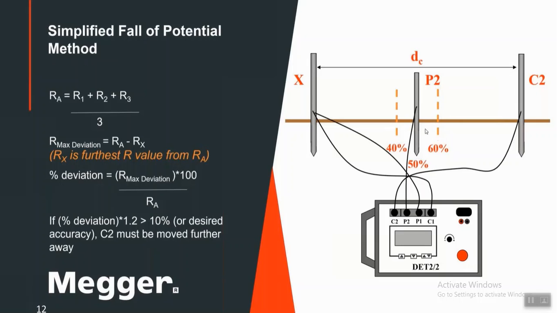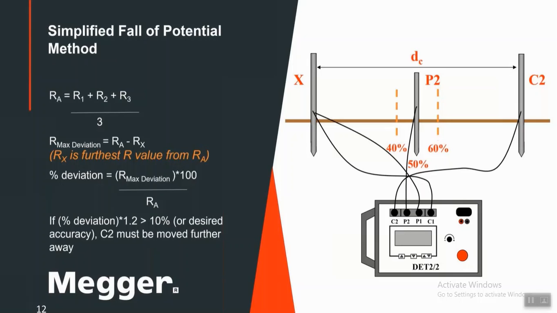The next step is you need to do the calculation to make sure this method is still acceptable on your system. You calculate the average, RA, which is R1 plus R2 plus R3 divided by 3.